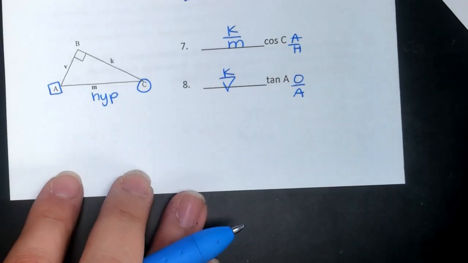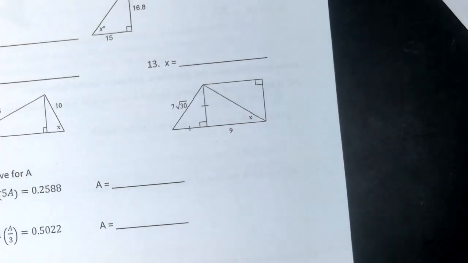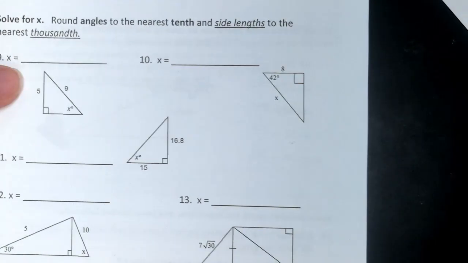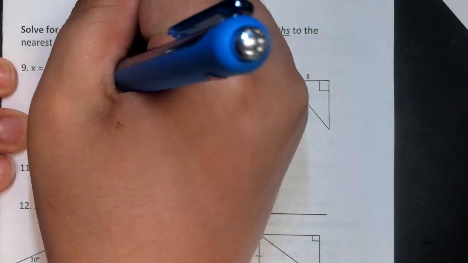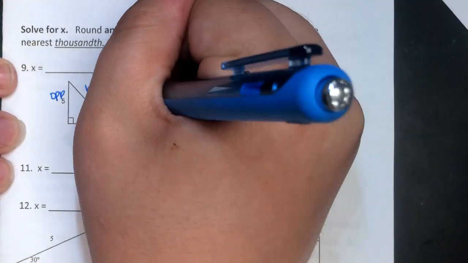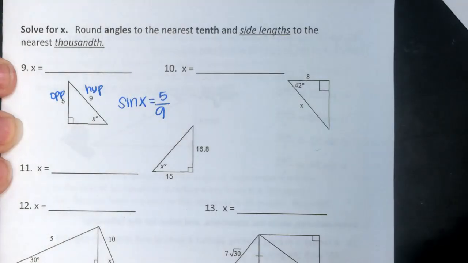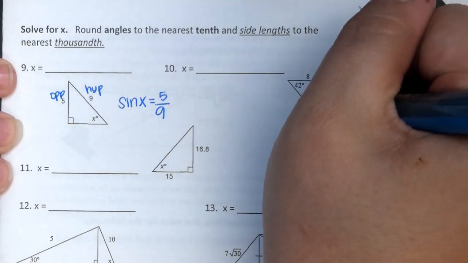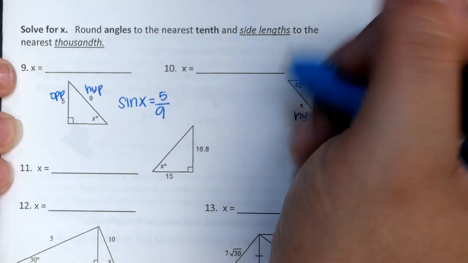Can I turn it over or not yet? Okay. All right, so for these next 3 up top, 9 through 11, I have opposite and hypotenuse. So the sine of x equals opposite over hypotenuse. I have hypotenuse and adjacent.